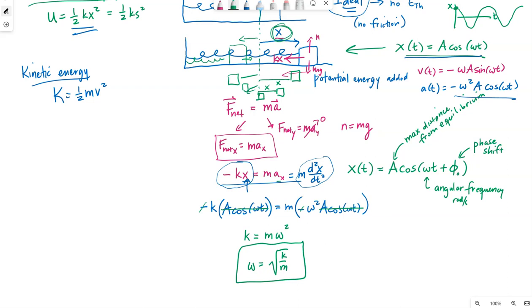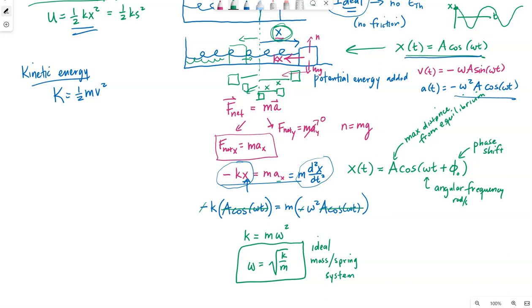The rate at which this system is going to oscillate, the mass oscillating back and forth, is determined by how strong the spring is, so that spring constant, and then how much mass is attached to the spring. So this is unique for an ideal mass spring system that's going to oscillate.